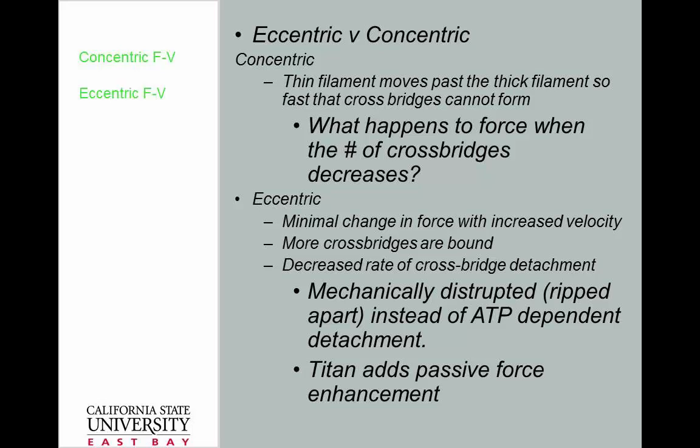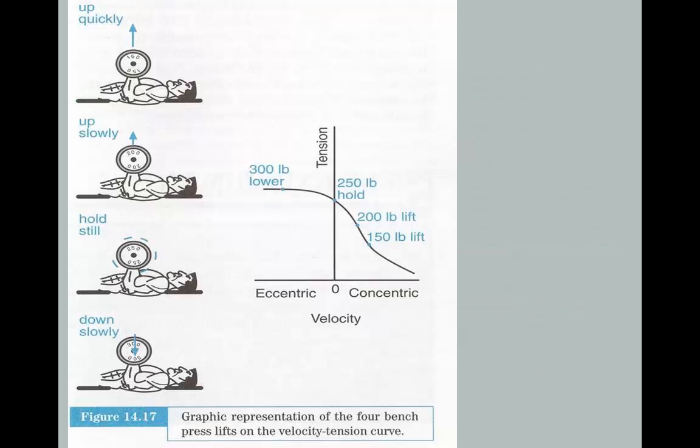If you hold your hands together and you have to rip those apart, they're going to stay connected a lot longer than if they separate and then have to reattach. A second hypothesis for why eccentric contractions can maintain that force at a very high velocity is back to titin. That titin adds a passive force enhancement to that type of contraction.